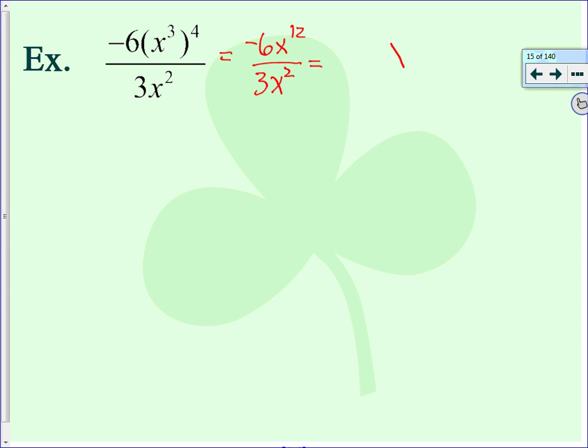Beautiful. And what is the number that goes out front? Beautiful. Okay. Good. So this one, Twinkle utilized the power of a power rule here to multiply the 3 and the 4 to get x to the 12. Then she had to use the quotient rule to subtract the exponents and get x to the 10th. And she had to divide the coefficients just like regular numbers there to get that -2 coefficient. All right, questions on that one?